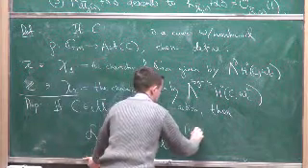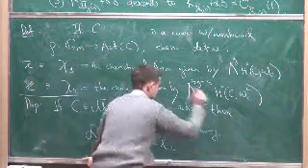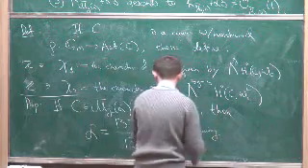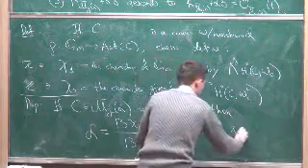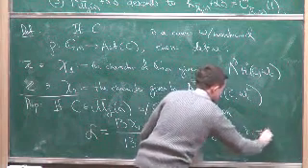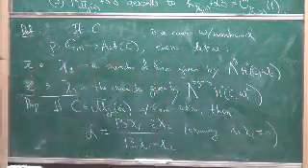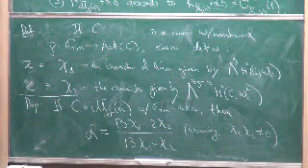Assuming, of course, that the denominator is not 0. Well, assuming actually that the two characters are not 0 simultaneously.